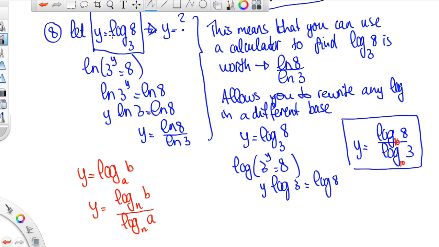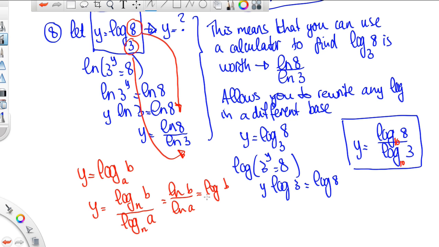Where do we see that over here? For example, if I look at log 3 of 8, the 8 went to the top, right? So the b goes to the top. The 3 is already below the 8, so the 3 is the one that goes below, so that's the one you divide by. And usually the two that we use here would be either ln b divided by ln a if we use the natural log, or it's just the log of b divided by the log of a if we use the common log.